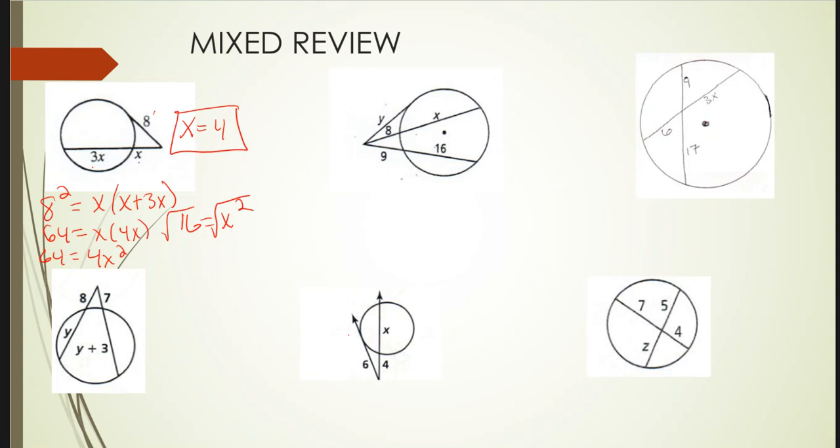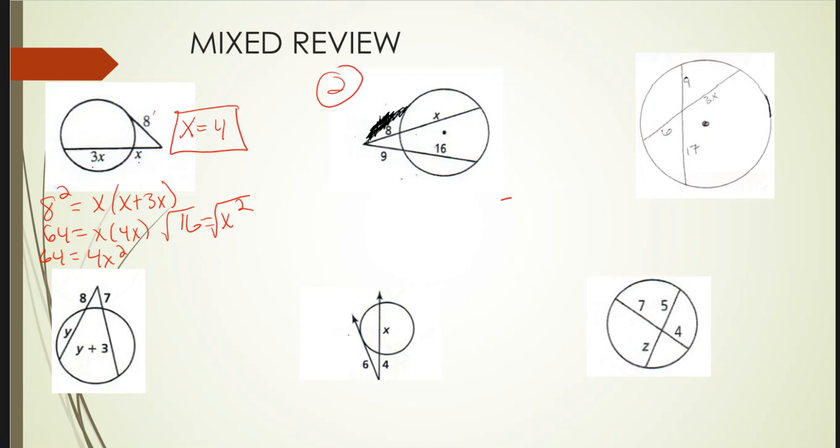All right, the second one. For this one, there's actually 2 separate things you need to do. I'm going to first do x just because it's alphabetical. And when I'm finding x, I'm just going to basically ignore that other segment. You can only do 1 variable at a time.